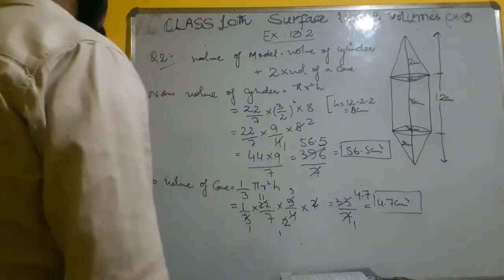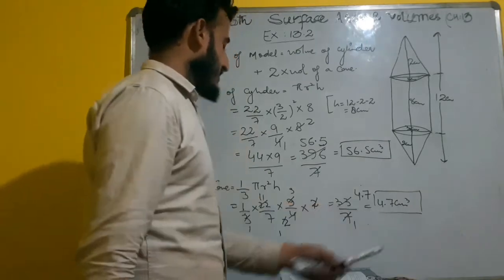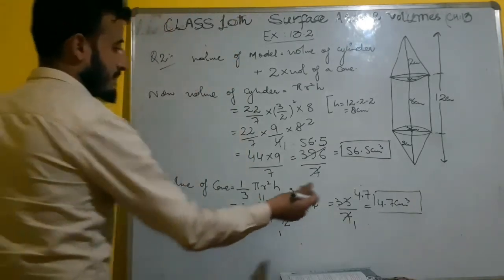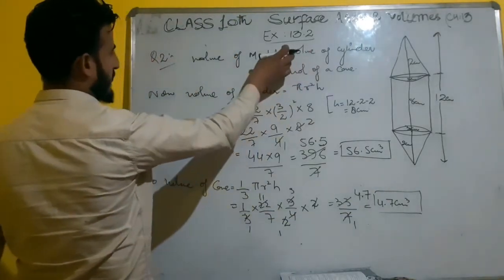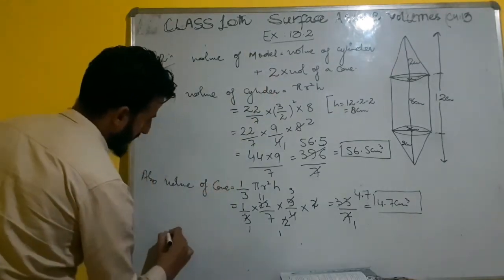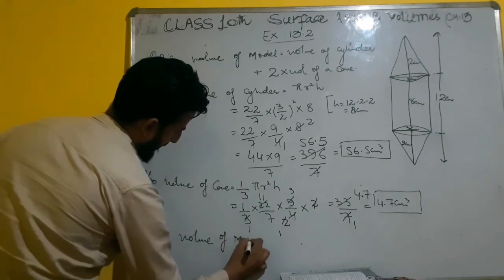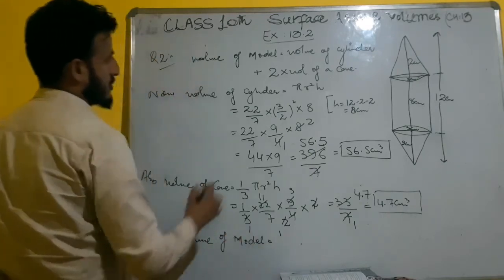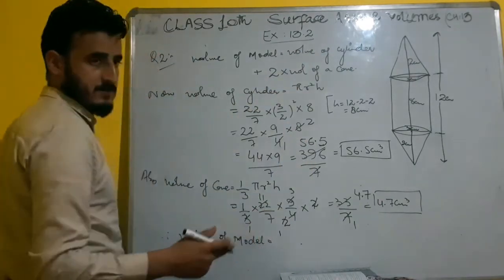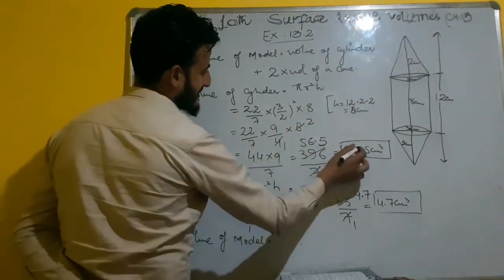So we have the volume of the cylinder as well as the volume of the cone here. So we can put both volumes here to find the volume of the model. Therefore, volume of model is equal to volume of the cylinder, and the volume of the cylinder is 56.5.